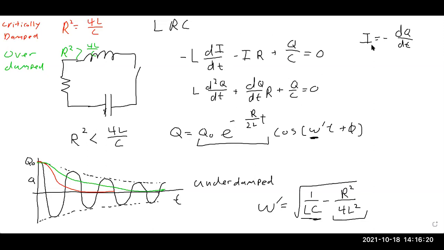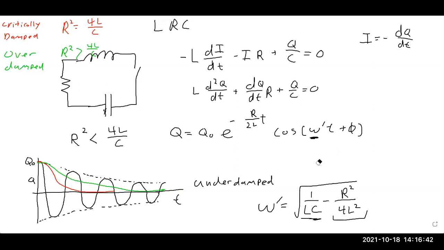Not going to go for the mathematical form of those solutions. There's already enough here. So what the resistance does is change the frequency to something which is slower.